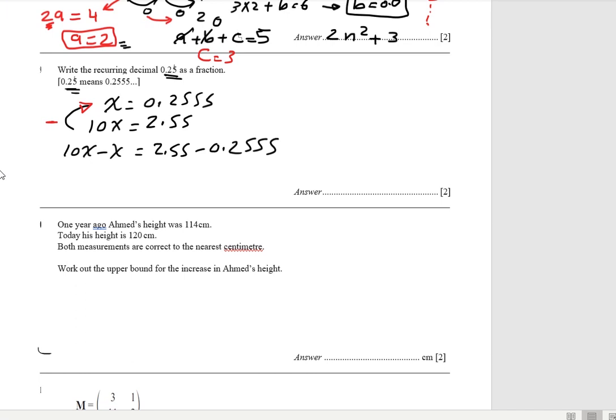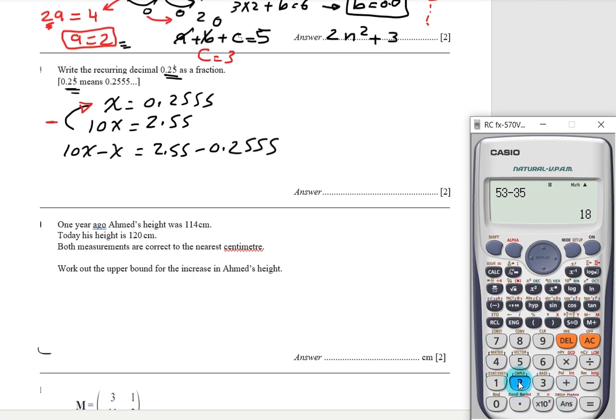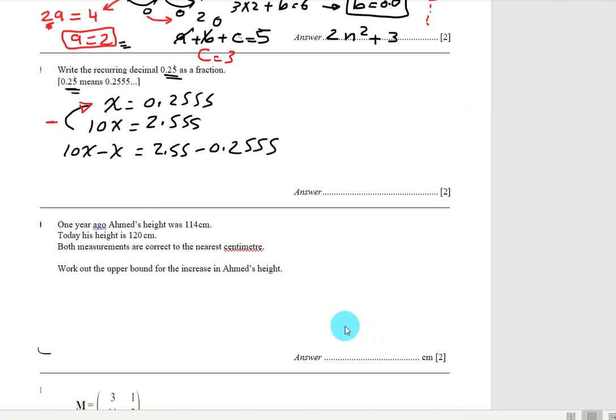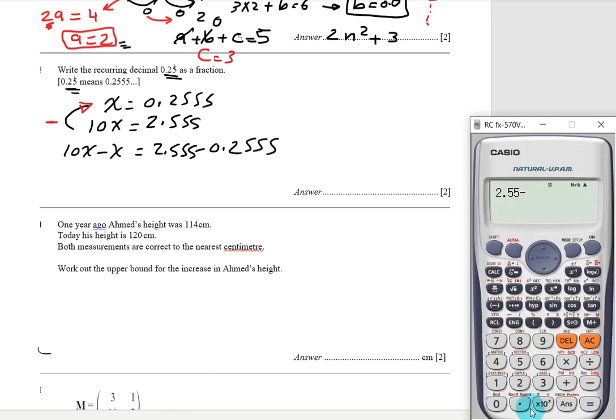Let us go to our calculator. 2.555 minus 0.2555 equal to 2.3.